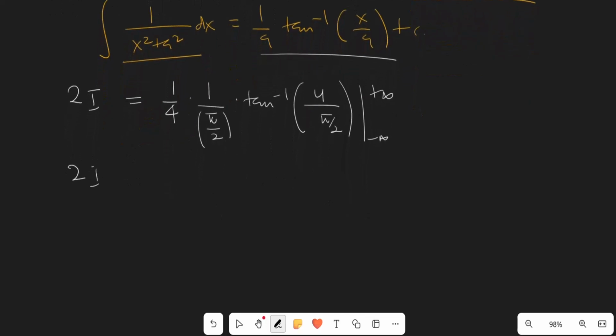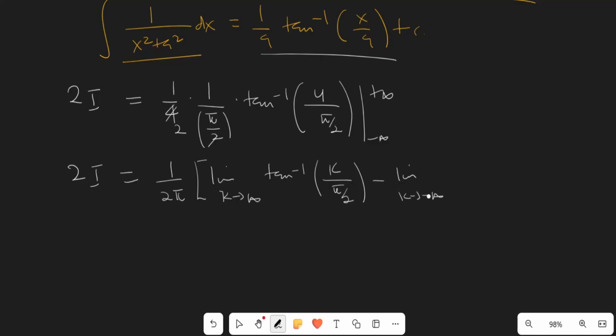So 2I is equal to, this will cancel, and that would be 1 over 2 pi. And then we can take the limits. So we have the limit as k approaches infinity of tan inverse of k over pi over 2, minus the limit as k approaches negative infinity of tan inverse of k over pi over 2. That is just plugging in our limit.